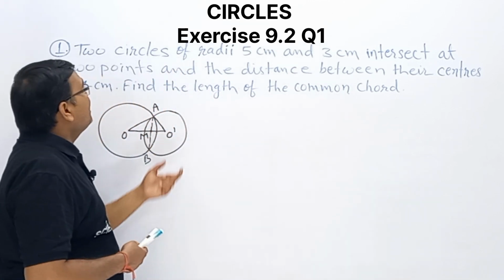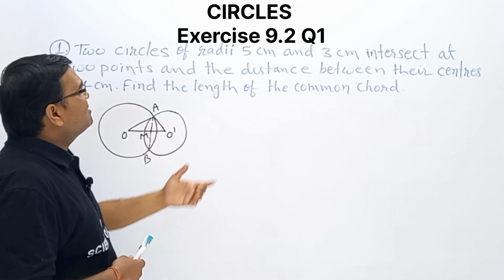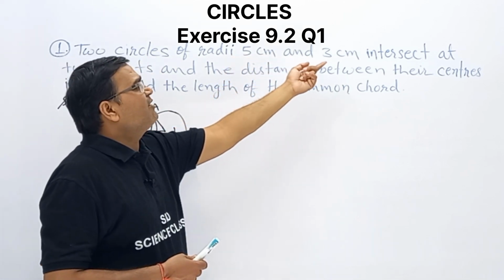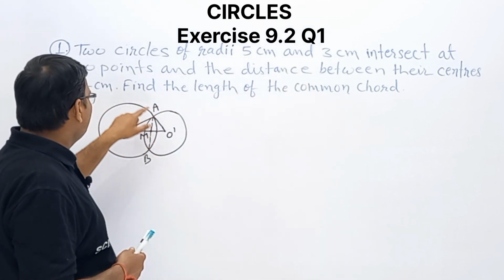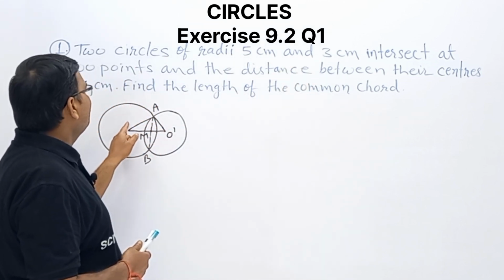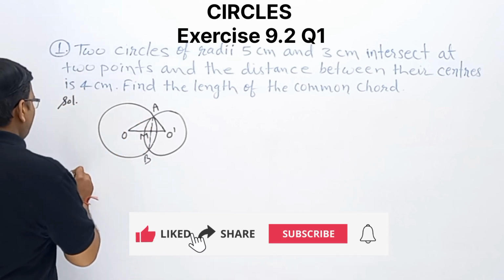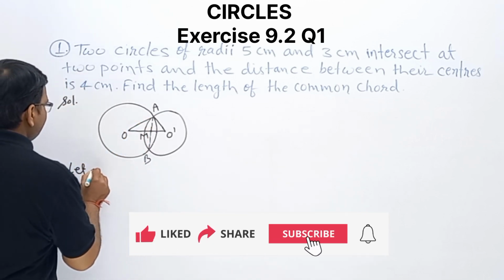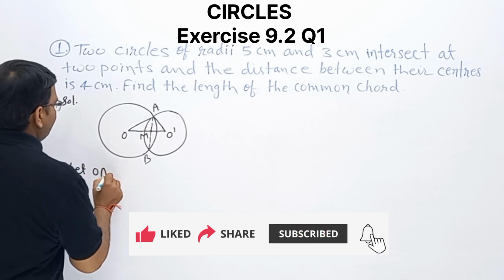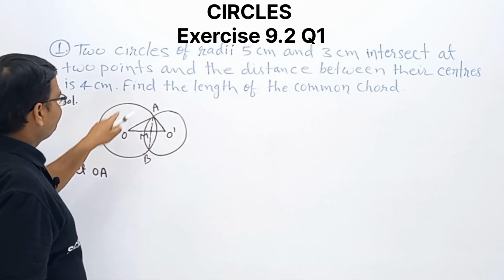We are having two circles, of radius 5 centimeter and 3 centimeter. Let one circle have center O, and OA is the radius of this circle.